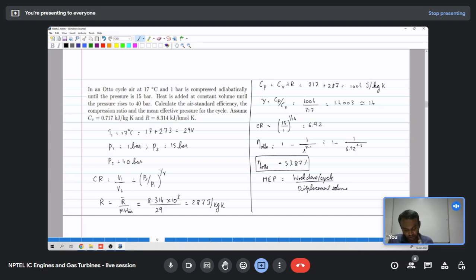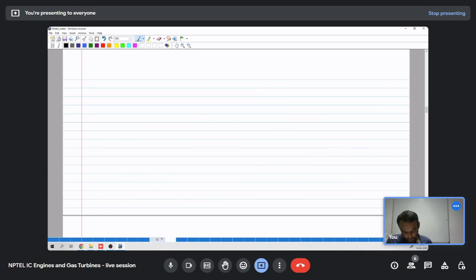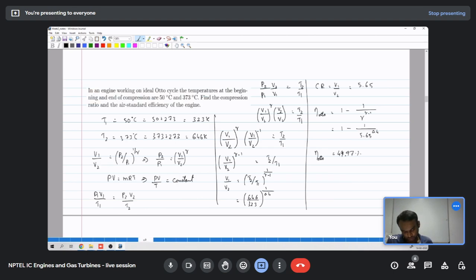So now we can calculate T2. We had the temperature relationship here. T2 by T1 is V1 by V2 power gamma minus 1.